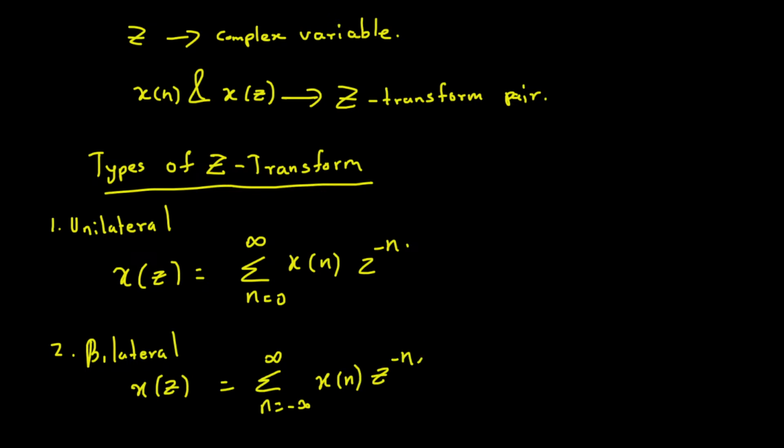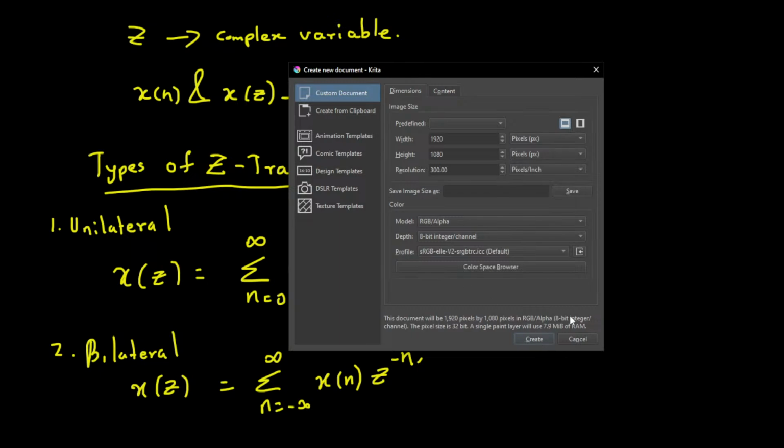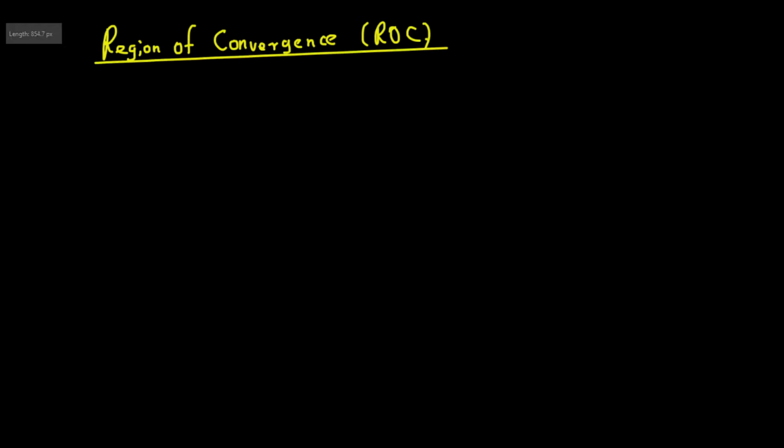And let's look at the region of convergence for the Z transform. Region of convergence, ROC. This region of convergence is nothing but the region where the Z transform converges.